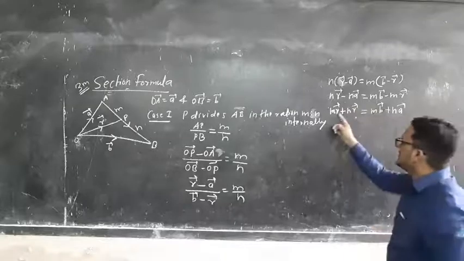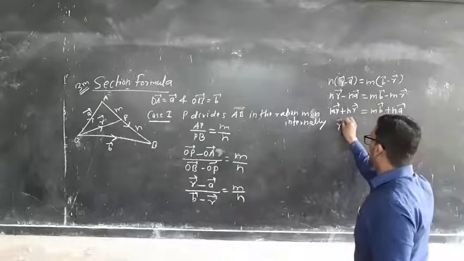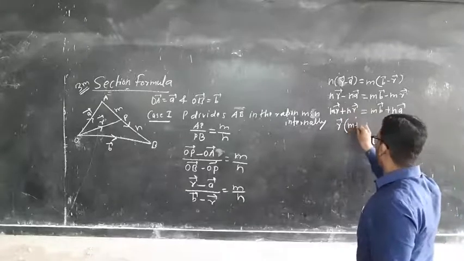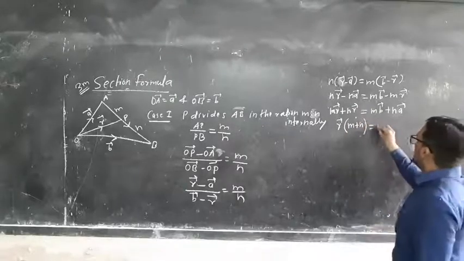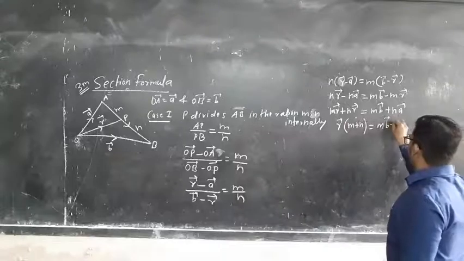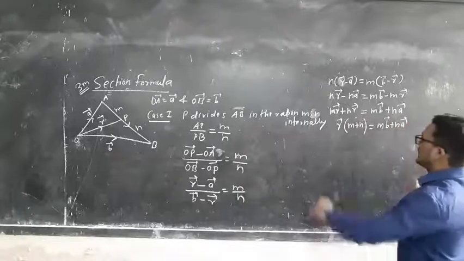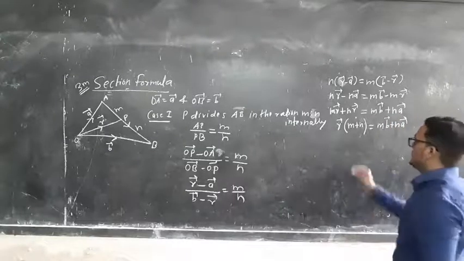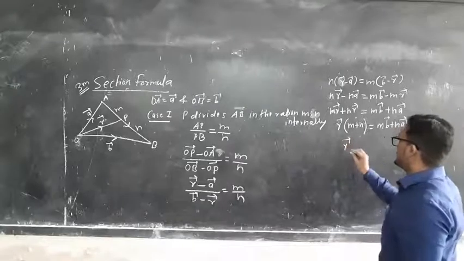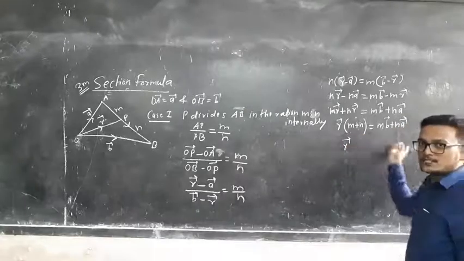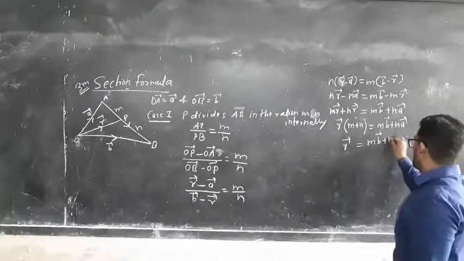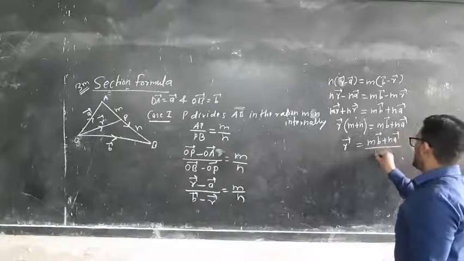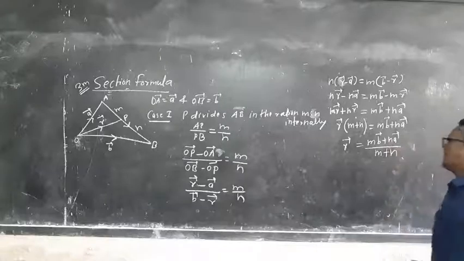In mR and nR, vector R is common, leaving (m plus n). Keep the right-hand side as it is. So vector R as it is, and m plus n transferred to the other side divides. That is R equals (mB plus nA) divided by (m plus n).